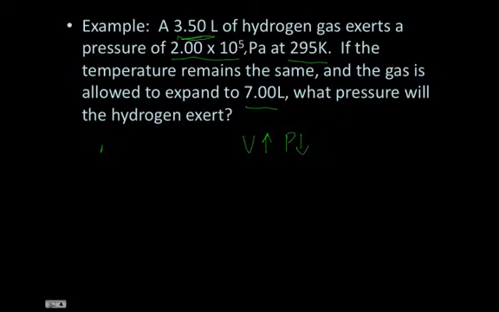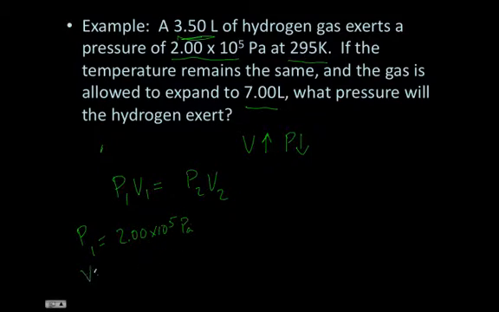Now, we are going to actually find out what the pressure is, and basically I'm going to use Boyle's law, which is P1 times V1 equals P2 times V2. And my P1 is 2 times 10 to the 5th pascals, and my V1 is 3.50 liters.